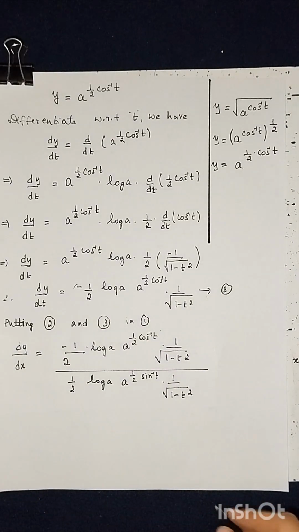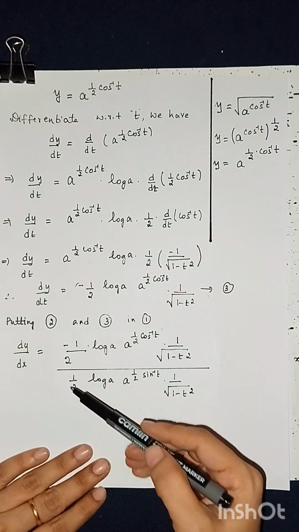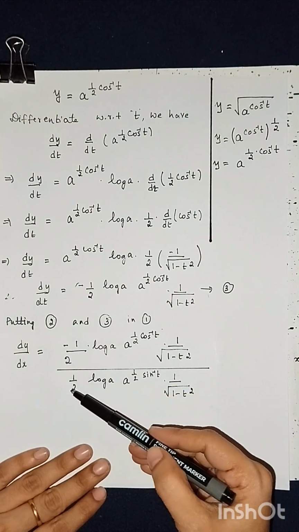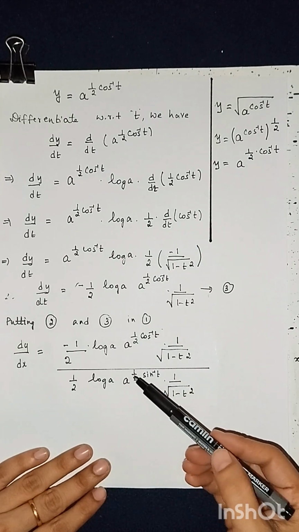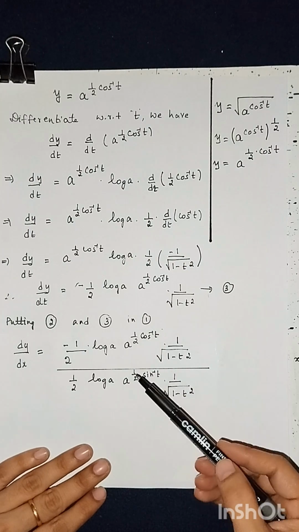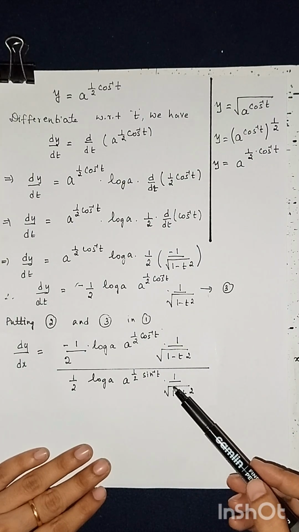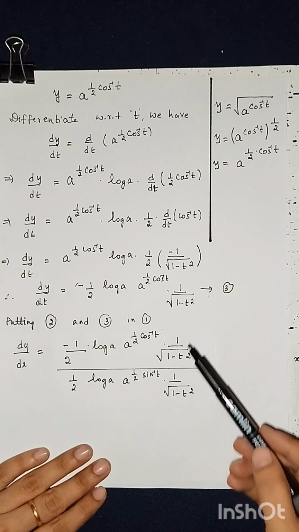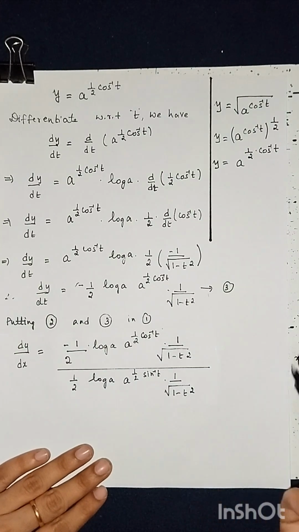So if you observe here, there are many terms in the numerator and denominator. So 1 by 2 will be 1, log a by log a will be 1. This we cannot cancel because they are different. But 1 by square root of 1 minus t square, 1 by square root of 1 minus t square are same. So this will be 1. So we are left with this as well as the minus sign.